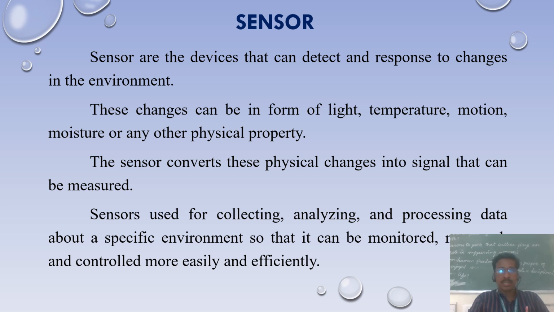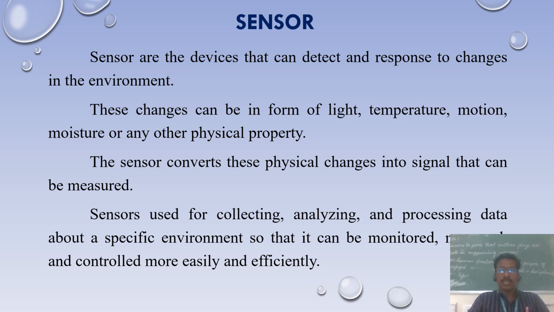These sensors are nowadays very important to receive inputs at various angles, various measurements, etc. Sensors are devices that can detect and respond to changes in the environment. These changes can be in the form of light, temperature, motion, moisture, or any other physical property. The sensor converts these physical changes into a signal that can be measured.